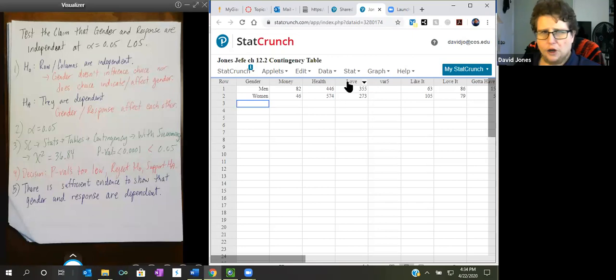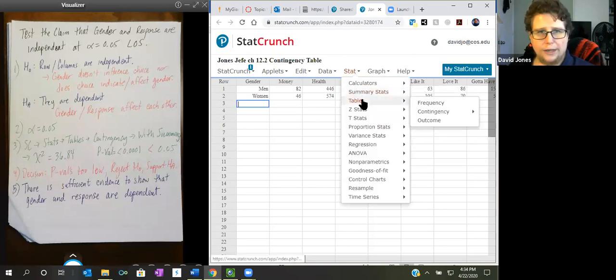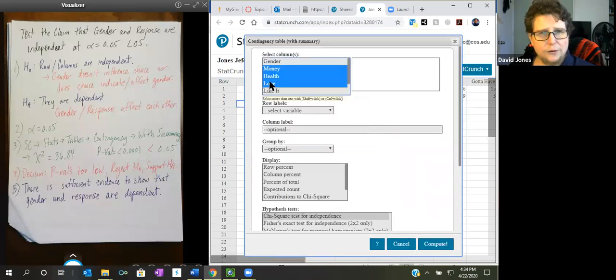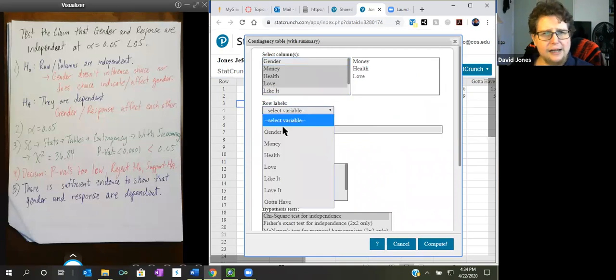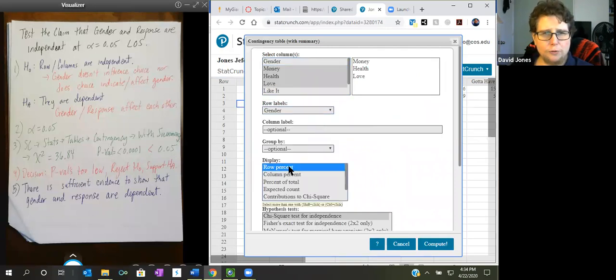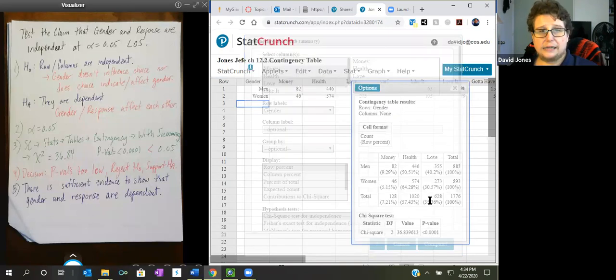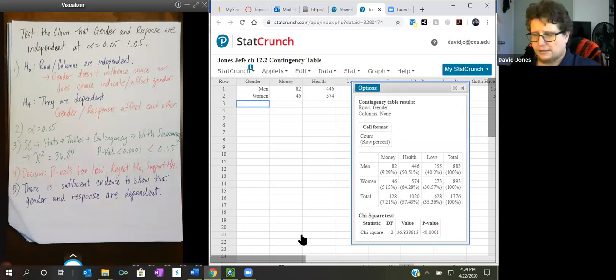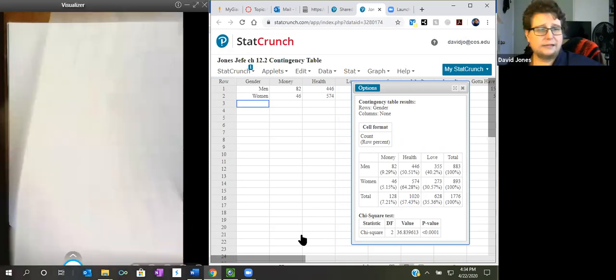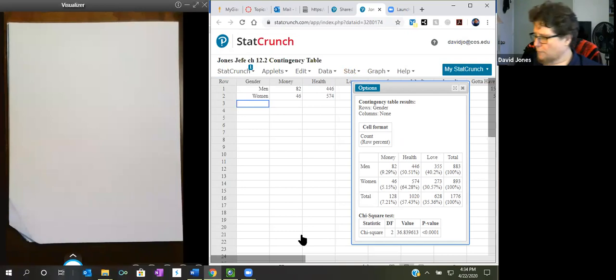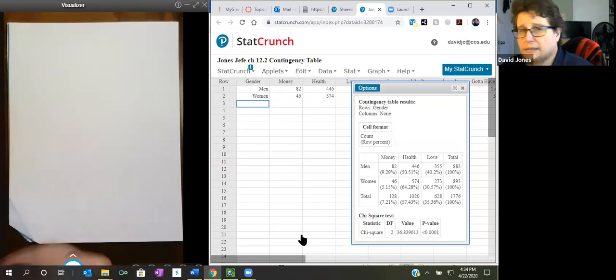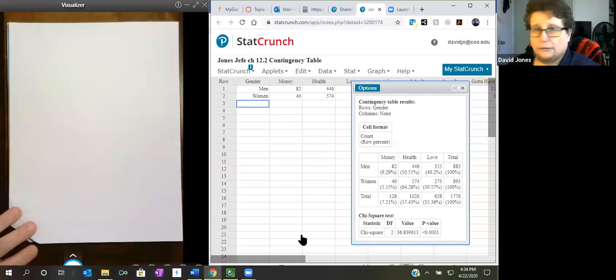Before we go on, I want to go back and talk to you real quick about what those other options, the row percentages and column percentages, are. So we were working on money, health, and love, gender, and I'm going to do row percent first. Notice when I click on row percent, like I did here, it even says it, count is in row percent. The row percent's in the box.